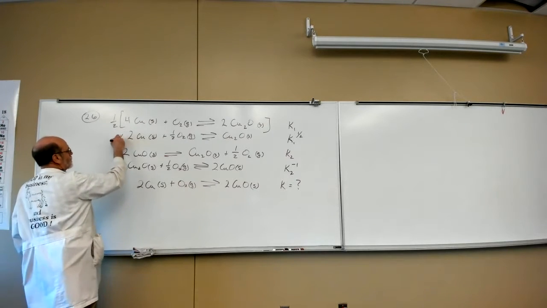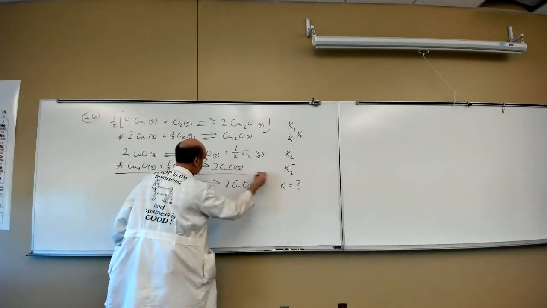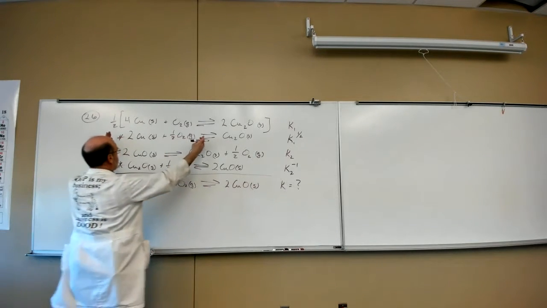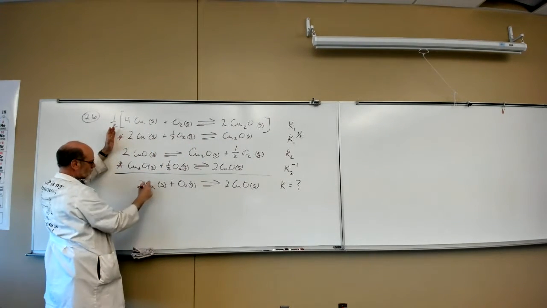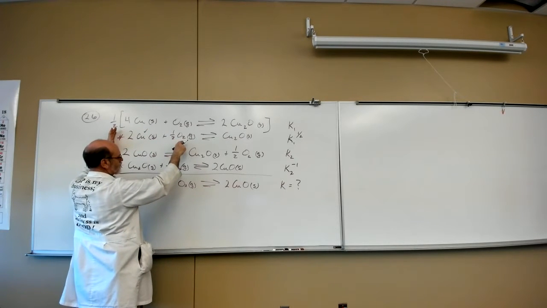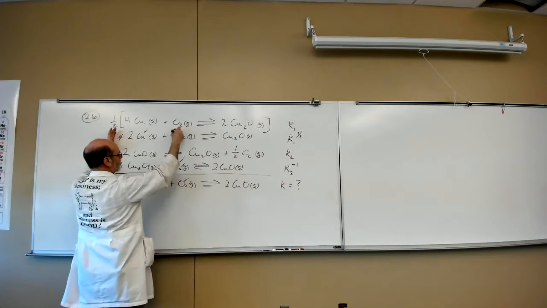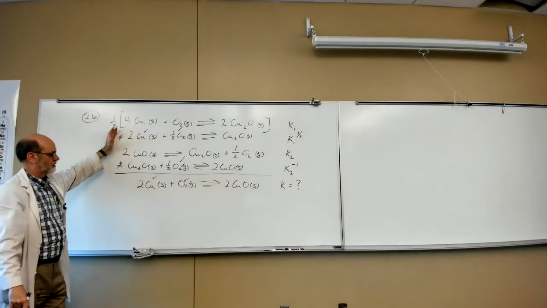Okay, so let's see if that gives us what we want. On this side, we have 2 Cus. We have a half an oxygen here and a half an oxygen there. Okay, so those are good.